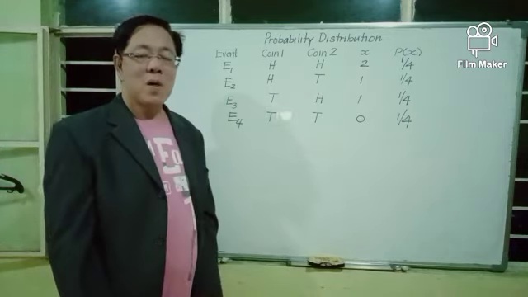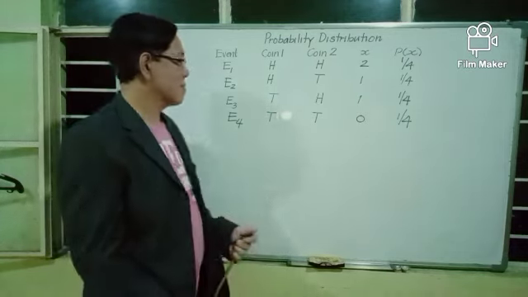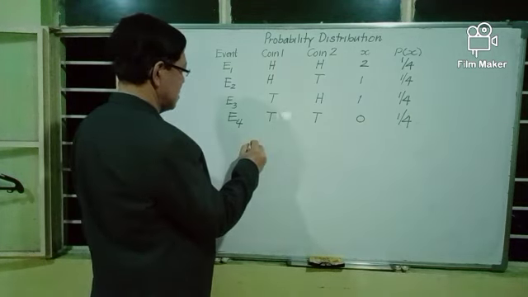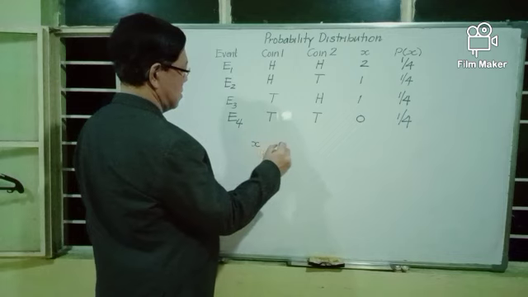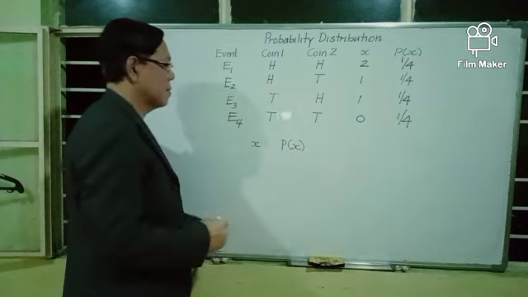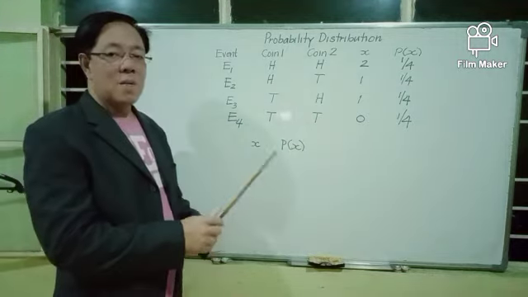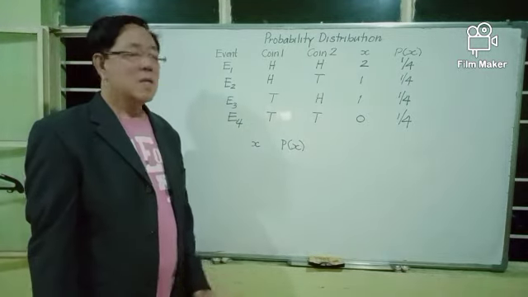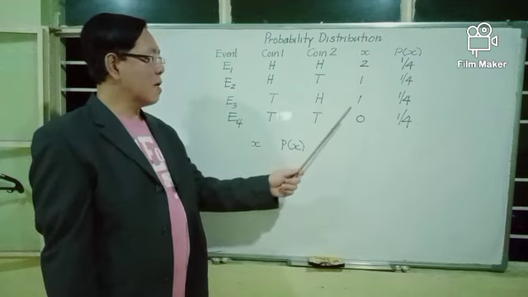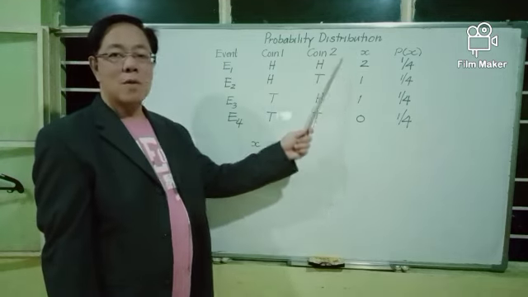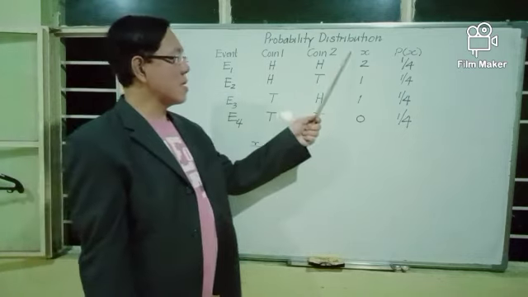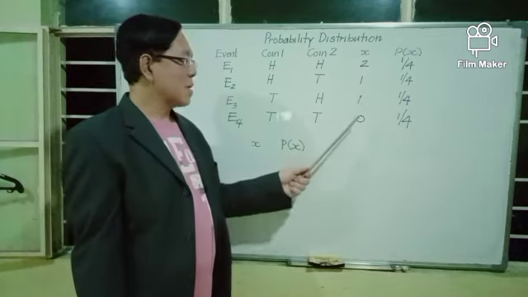We write this table more compactly. From this table, you can see that the possible values of the discrete random variable x are 0, 1, or 2. There are three possible values that the discrete random variable x can take.